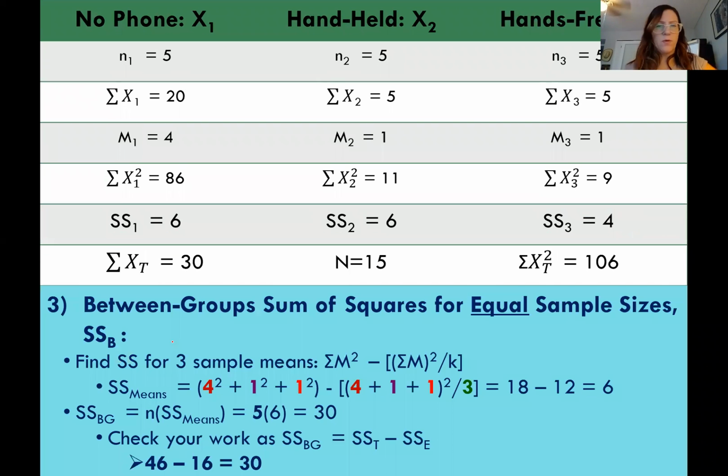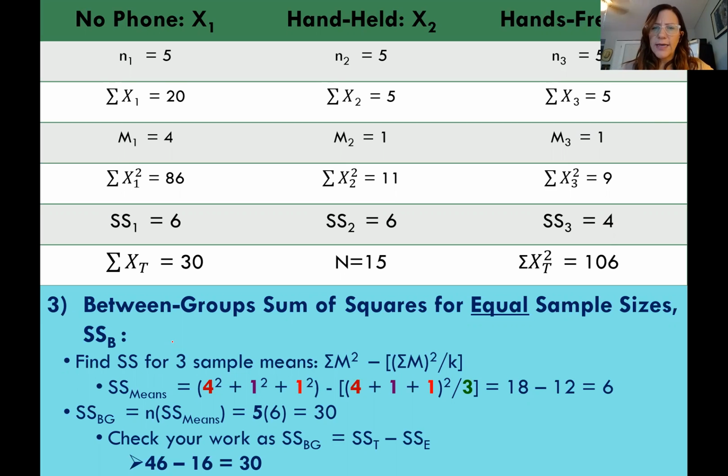Now we're going to do the sums of square between groups. Okay, I only give you equal sample sizes in this class. So I'm teaching you the method that is the easiest based upon equal sample sizes. And so because we have equal sample sizes, we can use the means to calculate our sums of square between groups.